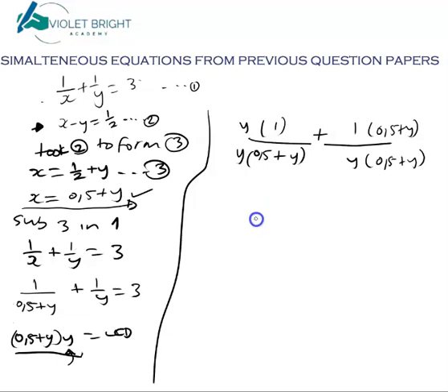So now our denominator will be 0,5y plus y squared. Where does this come from? It's basically the factorization of this thing. 0,5 multiplied by y is 0,5y, and y multiplied by y is y squared. So this is our denominator.